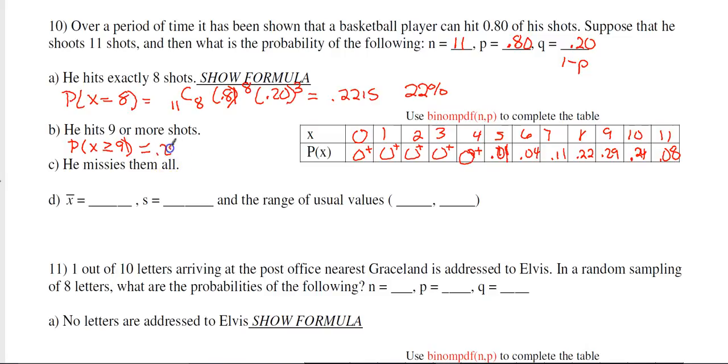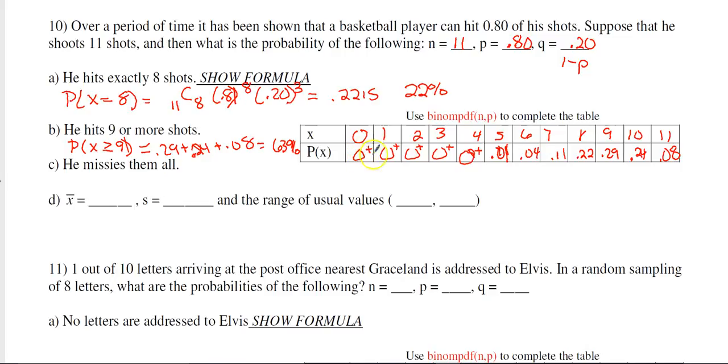So 0.29 plus 0.24 plus 0.08. We add those up and we get 63%, which would be 0.63. What's the probability that he misses them all?